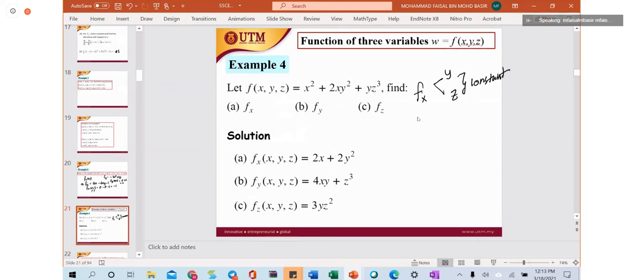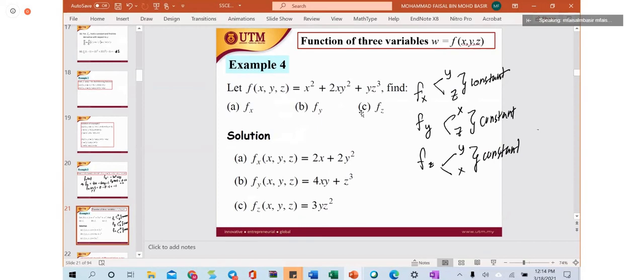Treat y and z constant. When you differentiate with respect to y, your x and z will be constant. When you differentiate with respect to z, your y and x will be constant.